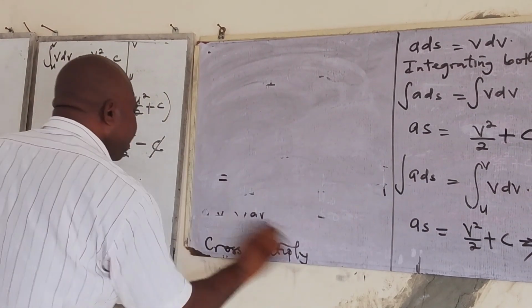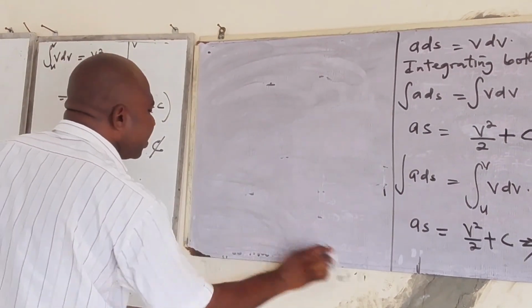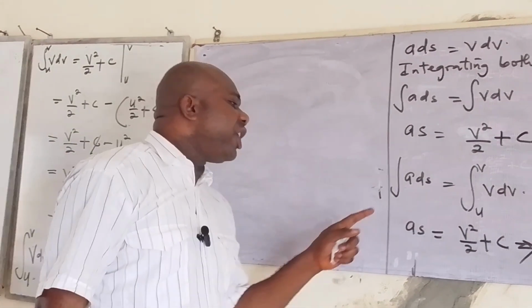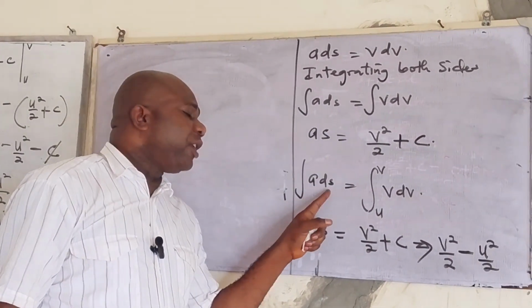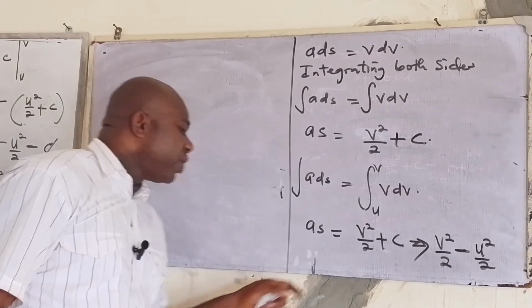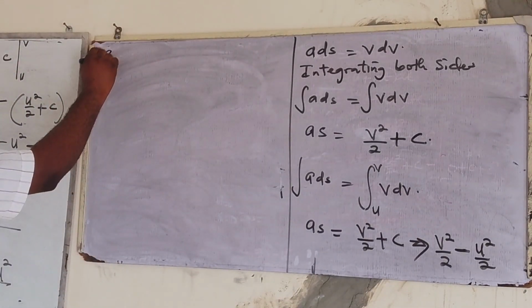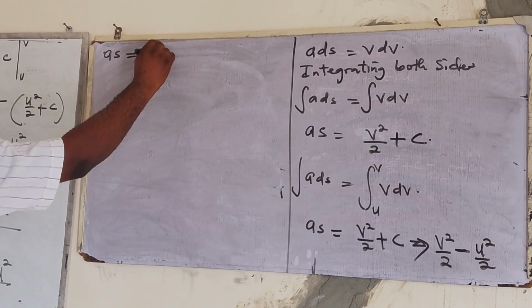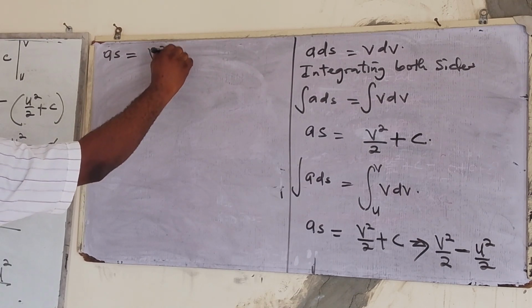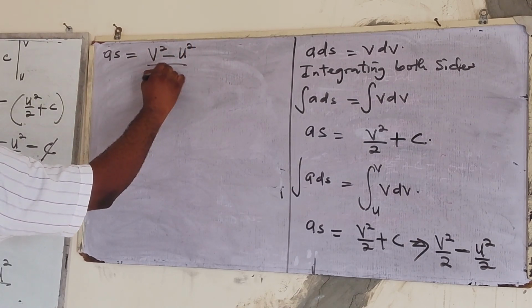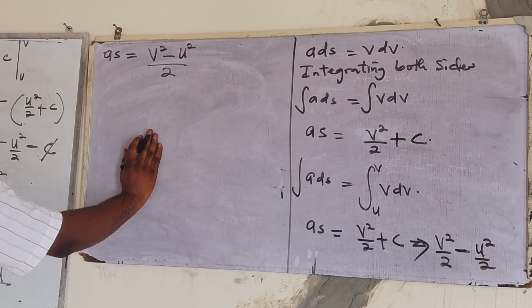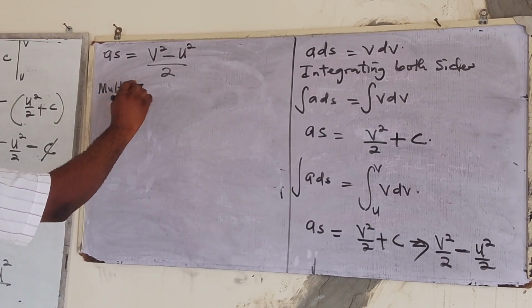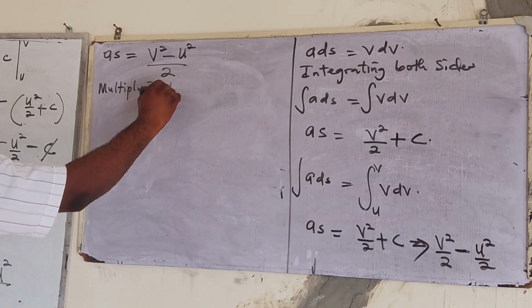On the left hand side we have ax, because when you integrate a with respect to x, it gives ax. So our ax will be equal to, on the right hand side, v squared minus u squared all over 2. Now let's multiply through by 2.